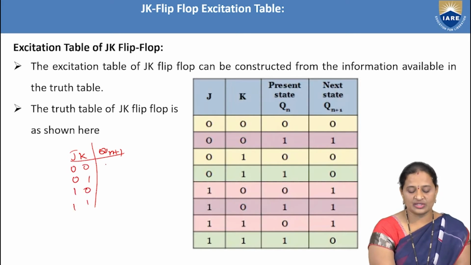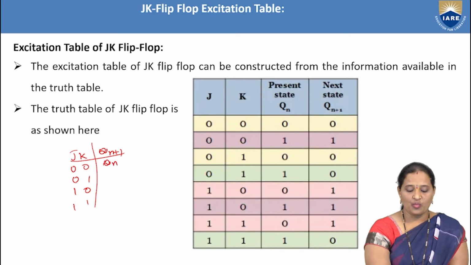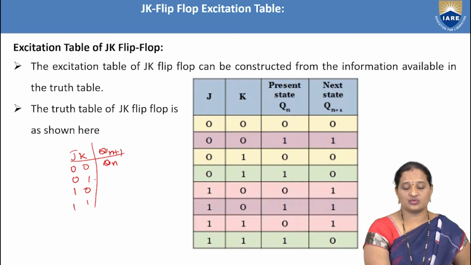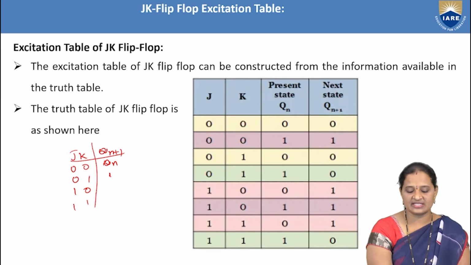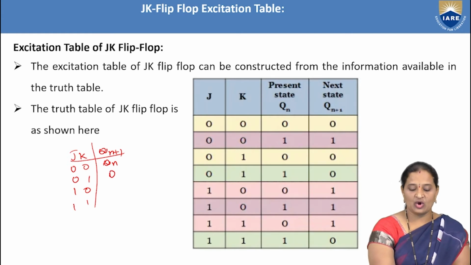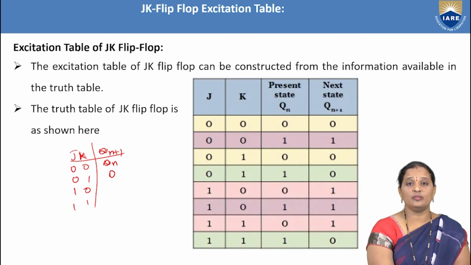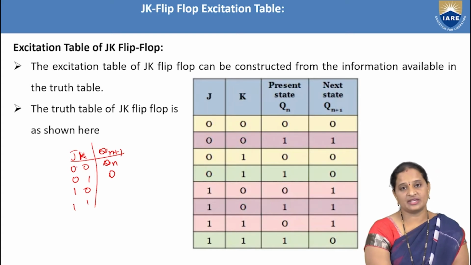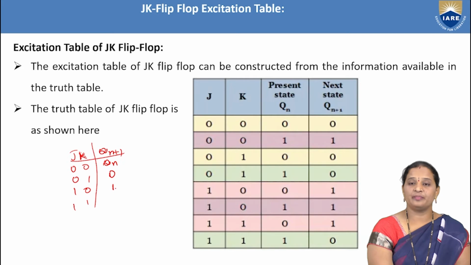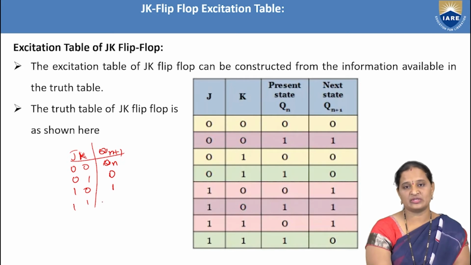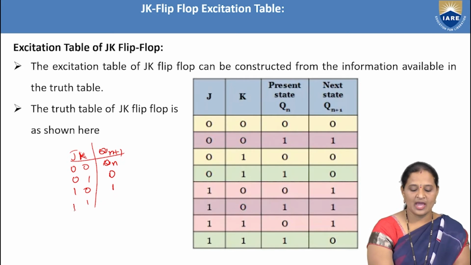When J and K are 0, 0, the next state is equal to the present state. When J is equal to 0 and K is equal to 1, the flip-flop will reset to 0, because the K input is equivalent to the R reset input. When J is equal to 1, the flip-flop will set to 1, that means Qn plus 1 is equal to 1.